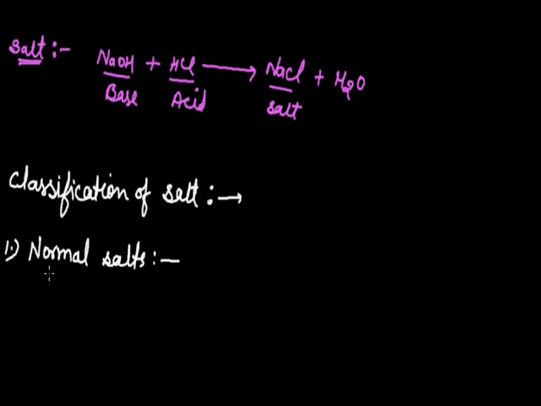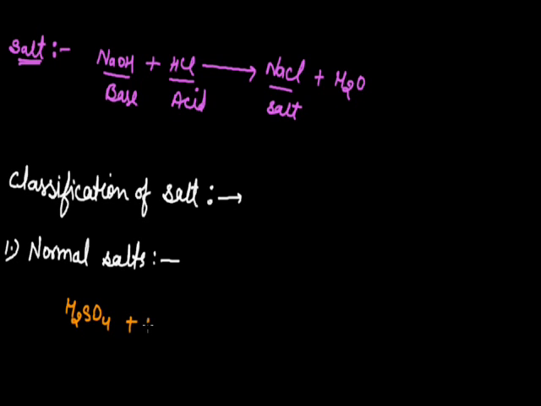For example, normal salts NaCl and Na2SO4 are formed by the complete replacement of ionizable hydrogen atoms of HCl and H2SO4 respectively. So if we take an example, that is H2SO4, sulfuric acid.